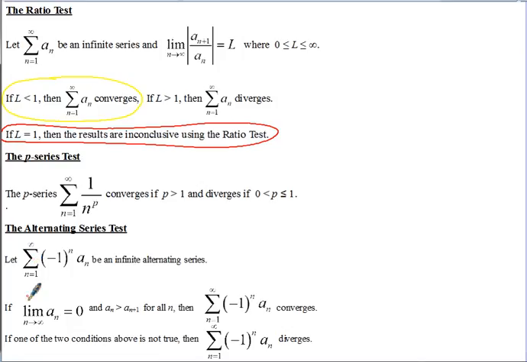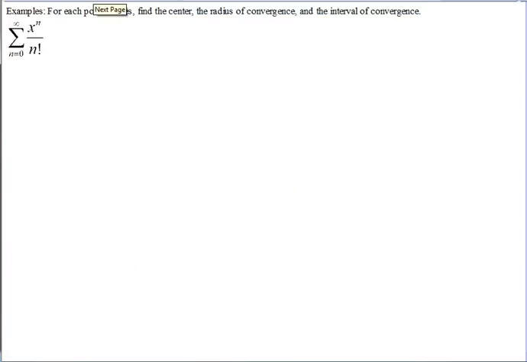Okay, so let's take a look at some examples here. It says for each power series, find the center, the radius of convergence, and the interval of convergence. So we're going to use the ratio test, which is the easiest way to start out first.